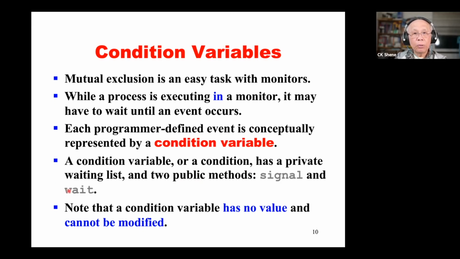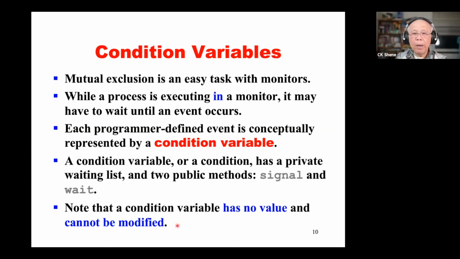Just a reminder, a condition variable has no value. It has two public methods, signal and wait. It has a waiting list. You had better consider it as a set. When we talk about waiting, there's no guarantee the release order would be the same as the request order.